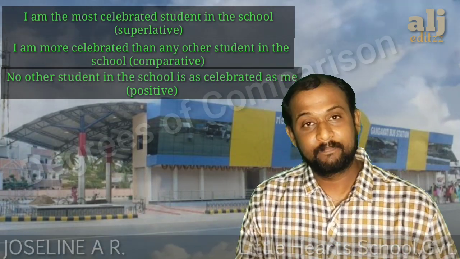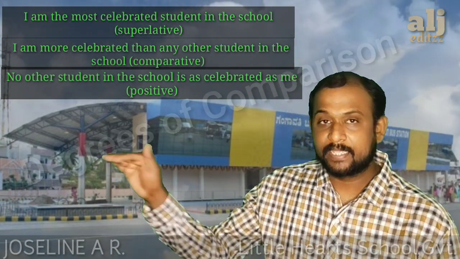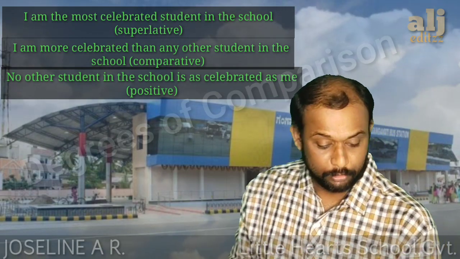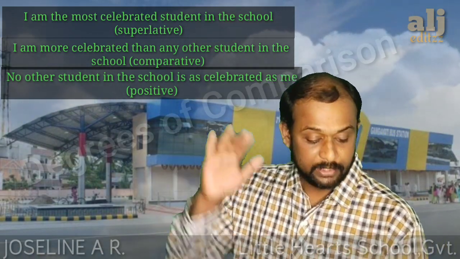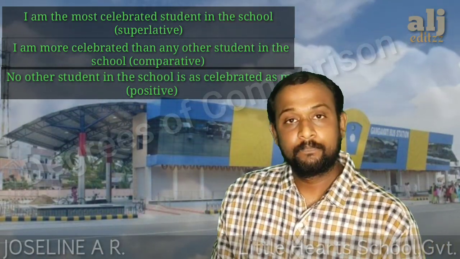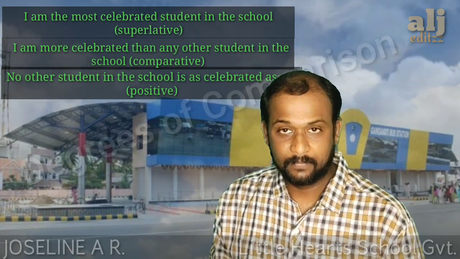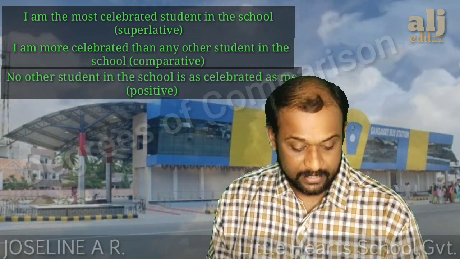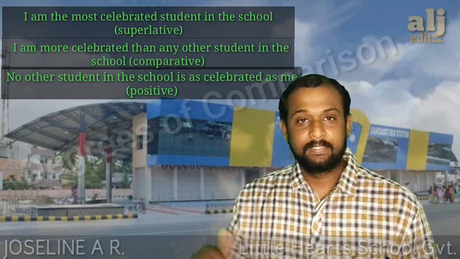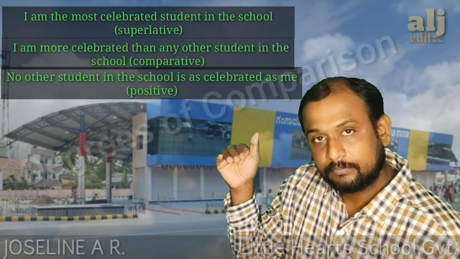I becomes me. See, am is present tense, is also present tense. You cannot write am here. No other student am is wrong. So no other student in the school is as celebrated as me.